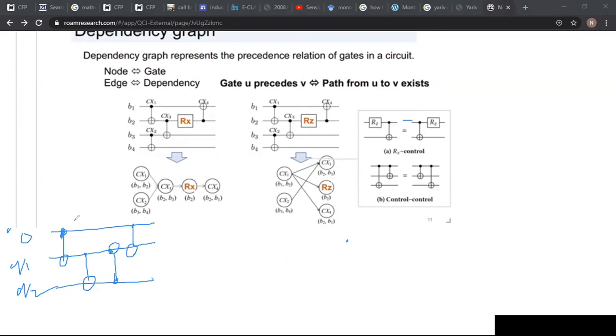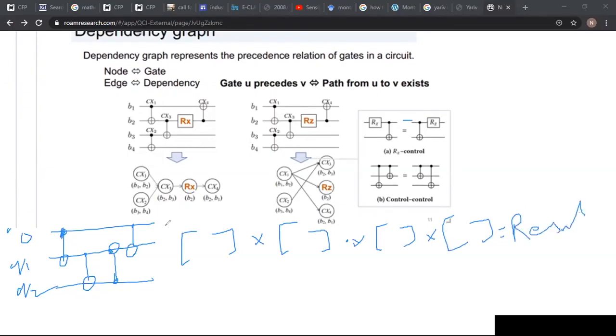You have four gates over here, so there will be four matrices, and their product will be equal to a resultant matrix.